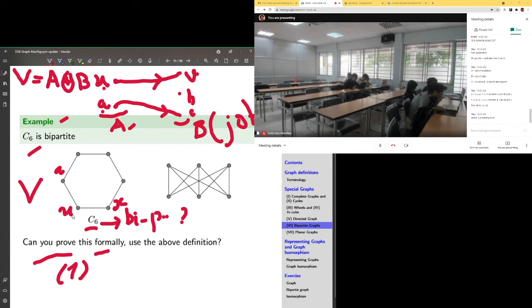A, U, V, then B here, and C here, and X here. Okay? So I denote the vertices here in the C6 like this one.